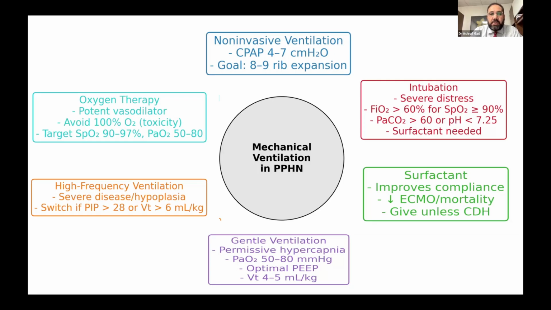They need oxygen, as I mentioned, but avoid 100% oxygen because of the toxicity, and it's counterproductive because it will eventually lead to increased oxygen species and free radicals and endothelial damage, and it will worsen the pulmonary hypertension itself.